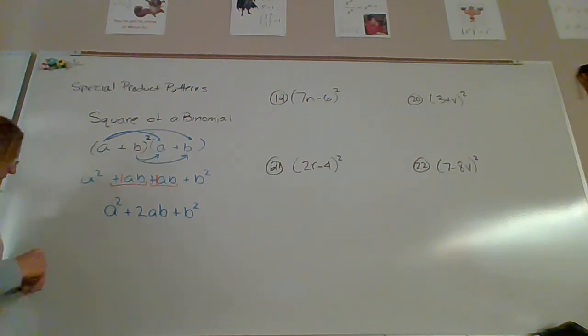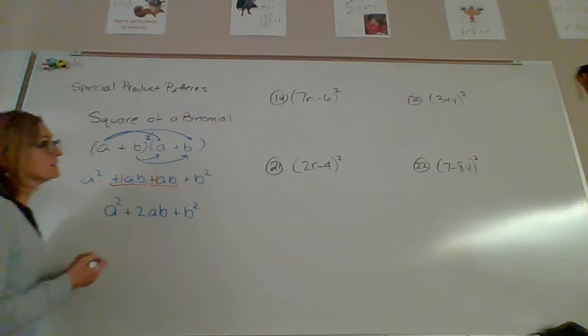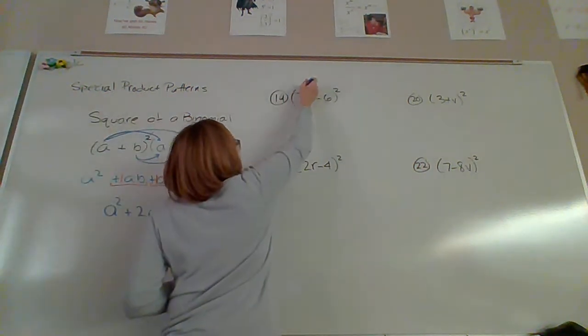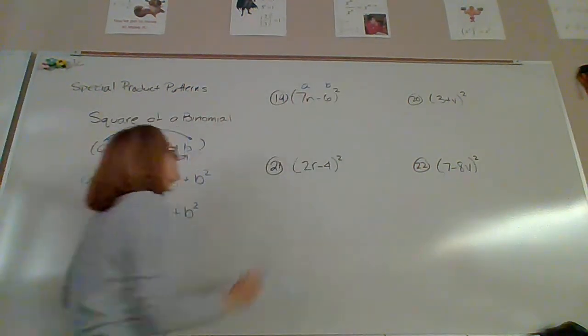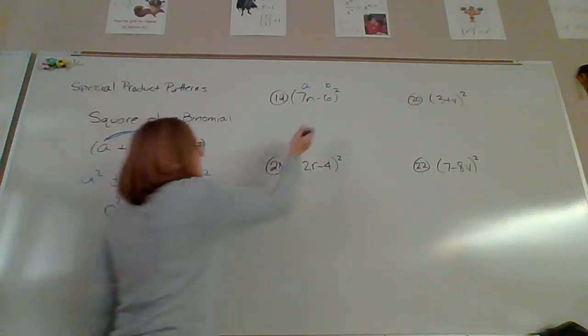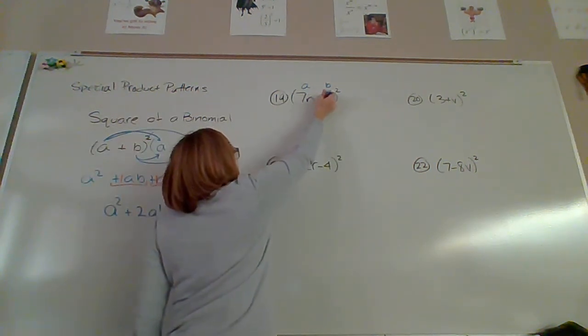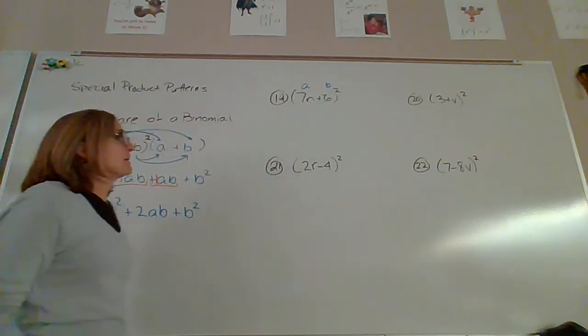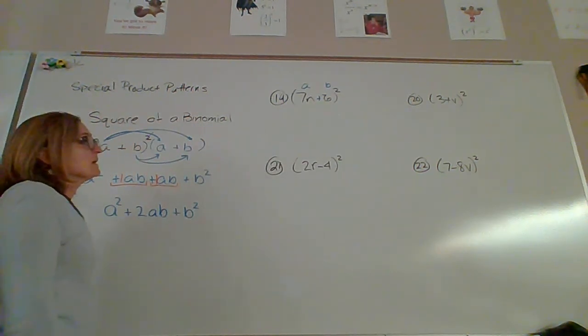So you identify your A and your B, like up here, A and B. You can think of that as, and I know I hate to do this, but think of it as plus and negative until you figure out that pattern when you have a minus in there.